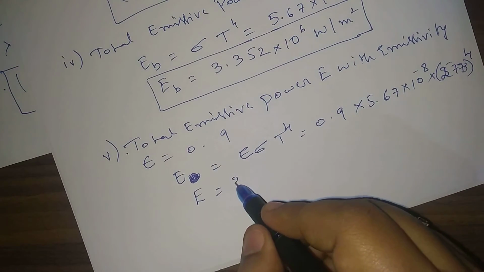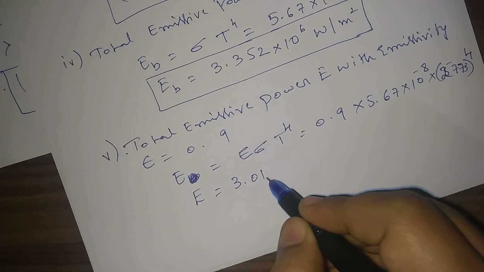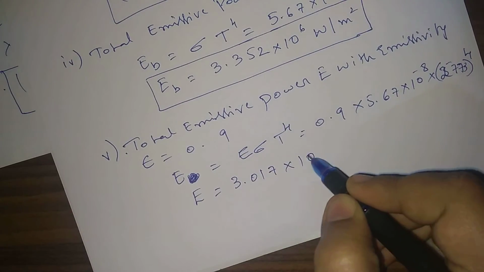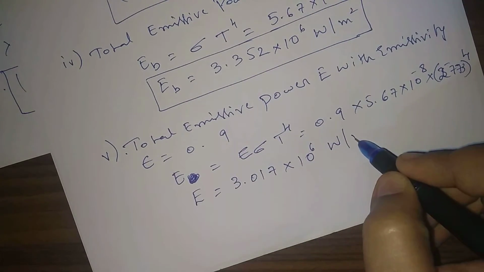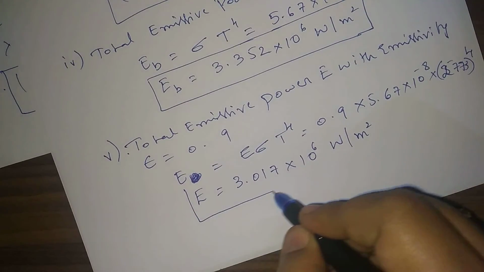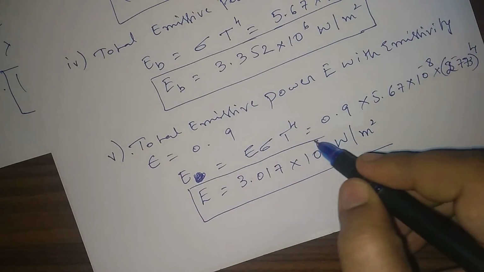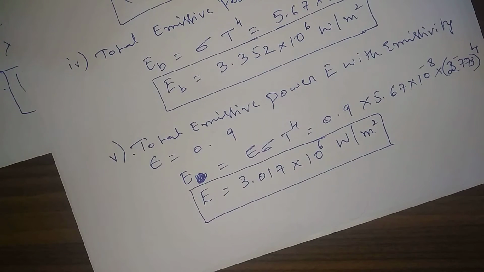So E will be equal to 3.017 into 10 to the power of 6 watt per meter square. So this is one problem where you can find it out.